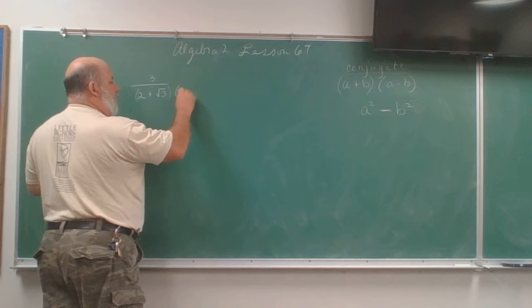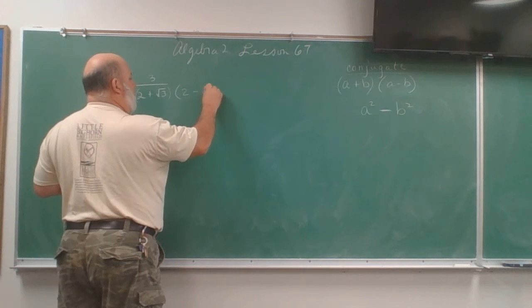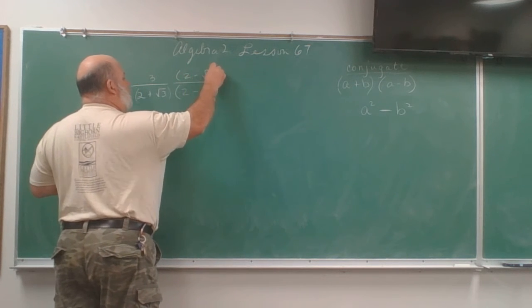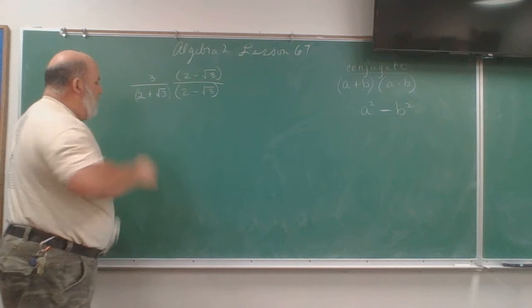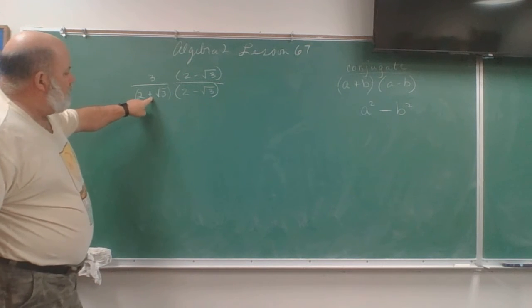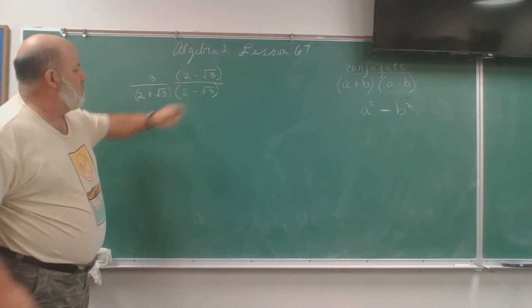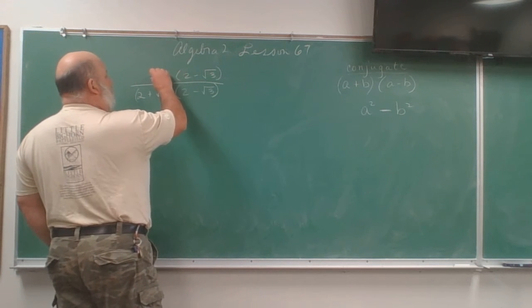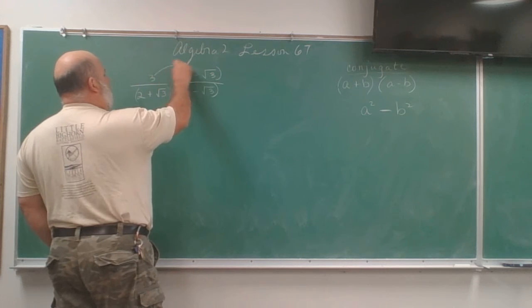We are going to multiply both top and bottom, numerator and denominator, by the conjugate of 2 plus square root of 3. I'm going to change that plus to a minus. In the numerator, yes, I said it right.